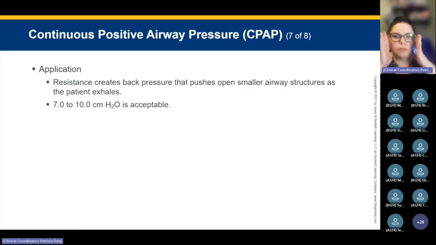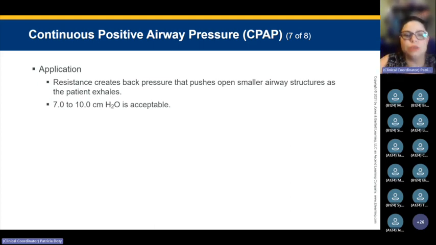So application. There are several different components. You have your generator and mask. You have a circuit containing the corrugated tubing, bacterial filter, and one-way valve, and all of these are included. Now, the CPAP generator creates resistance throughout the respiratory cycle.